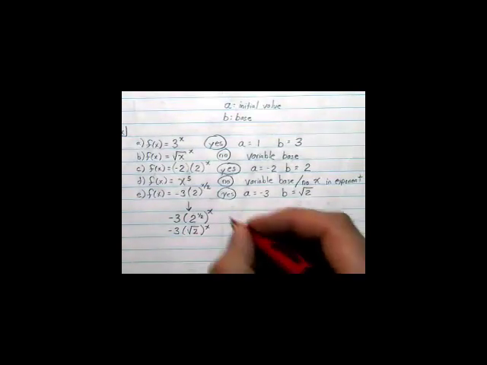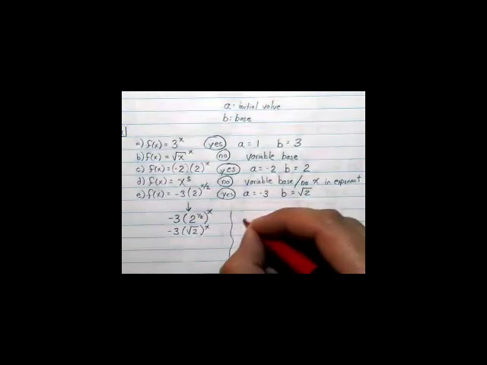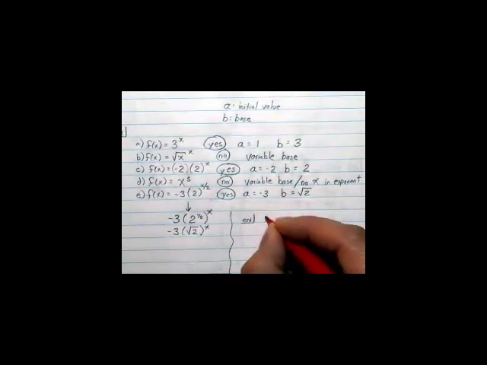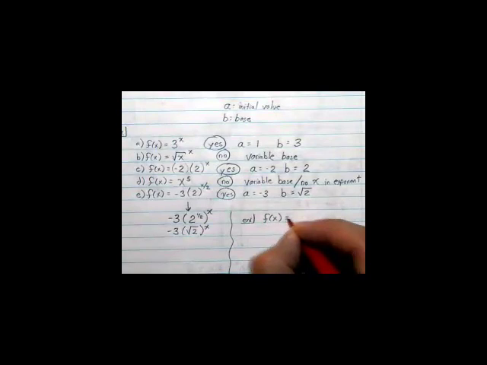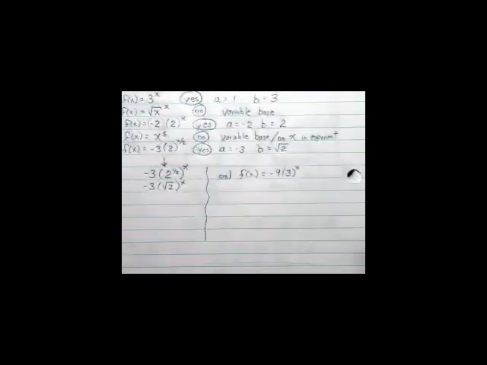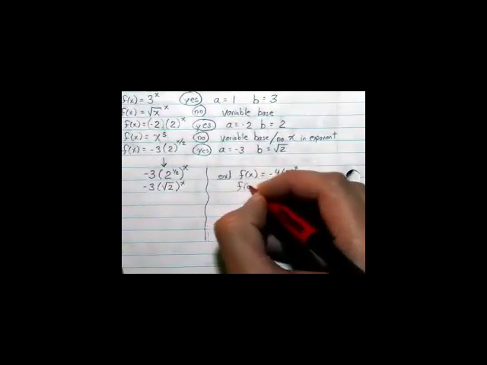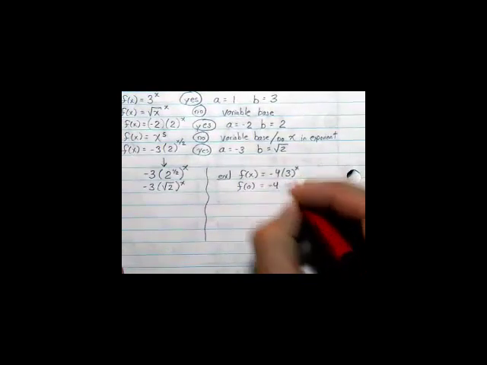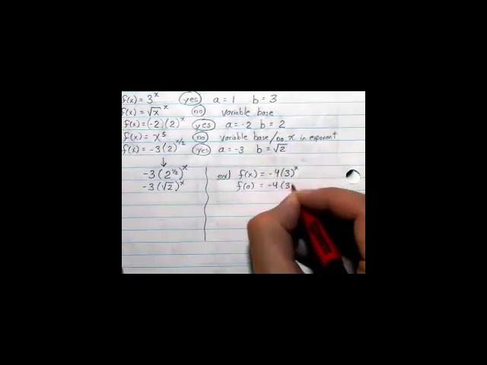So, for example, real quick here, if I had an exponential function f of x equals negative 4 times 3 to the x, and I plugged in 0, so f of 0 would be negative 4 times 3 to the 0.